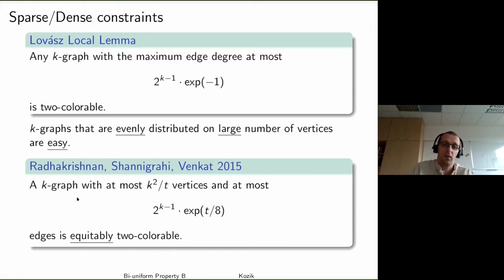Then this observation says that we can afford k times 2 to the k edges in a hypergraph, and it's guaranteed to be two-colorable.